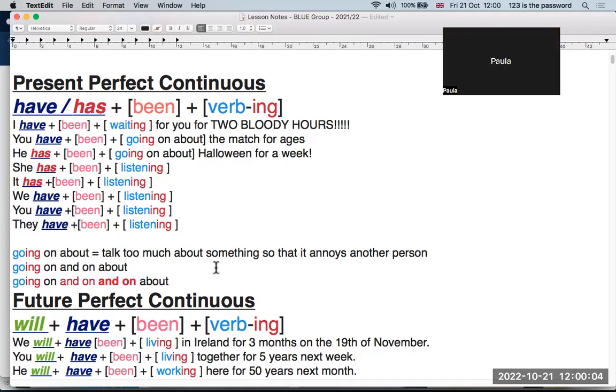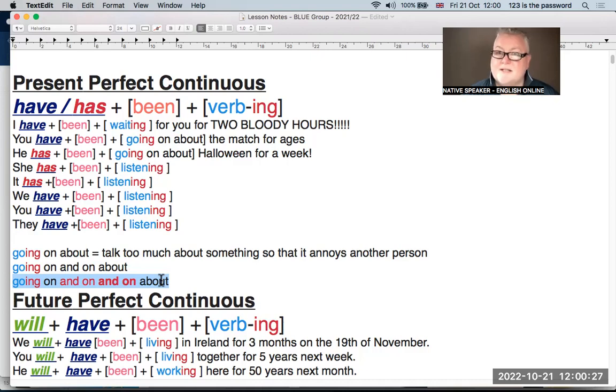She has been going on and on about... Give me two "on and ons." She's been going on and on and on about Halloween for a week. Correct.